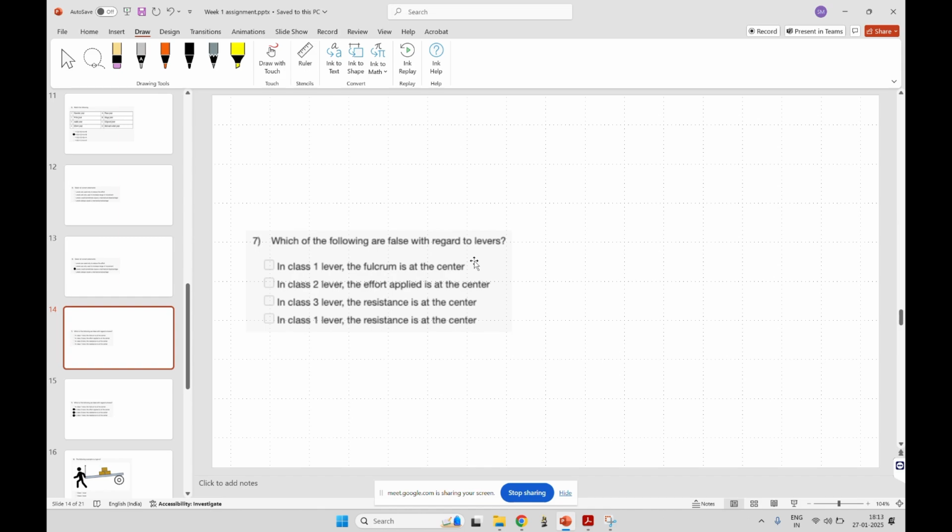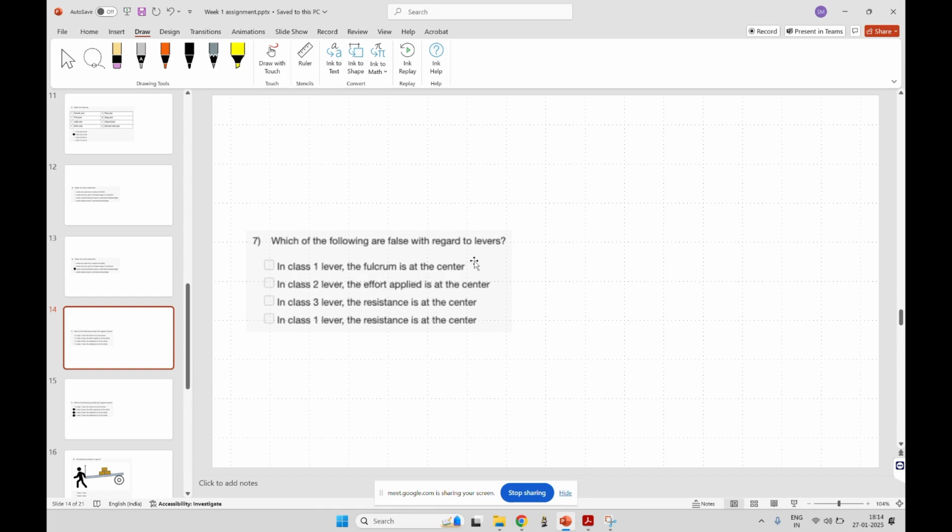Okay. Which of these are false in regards to levers? In a class 1 lever, the fulcrum is at center with one side as the force arm and one side as the resistance arm. In class 2 levers, the effort is applied at the center, which is not true. The resistance is what is present at the center.